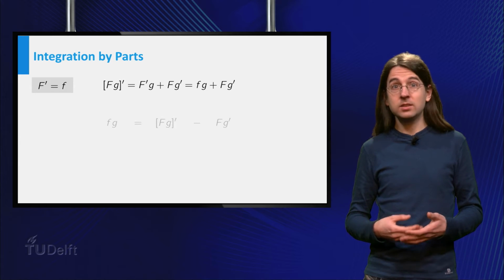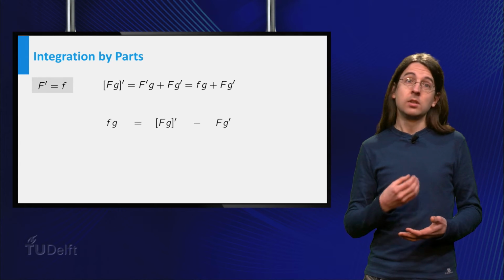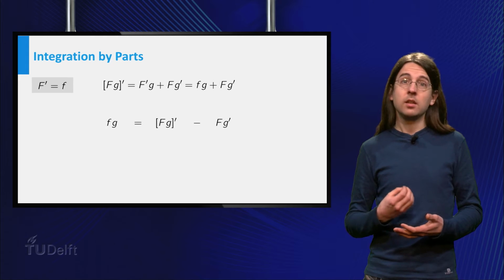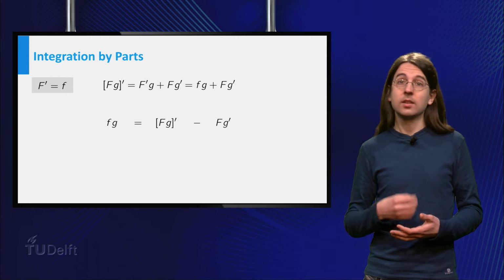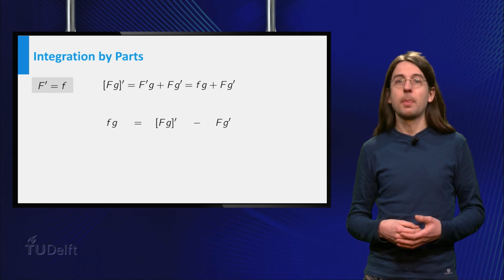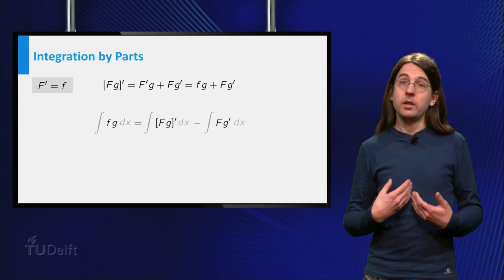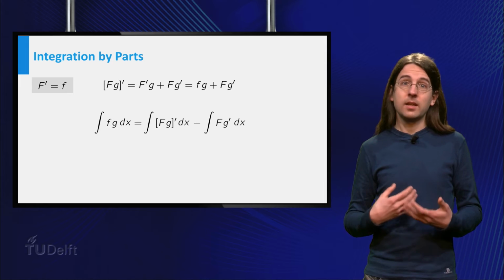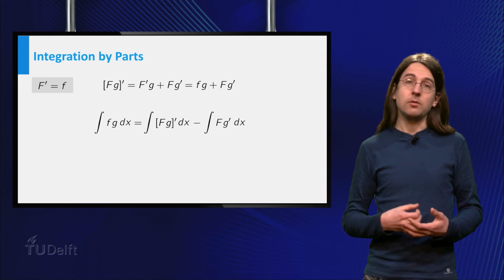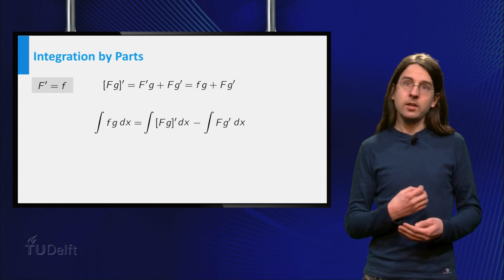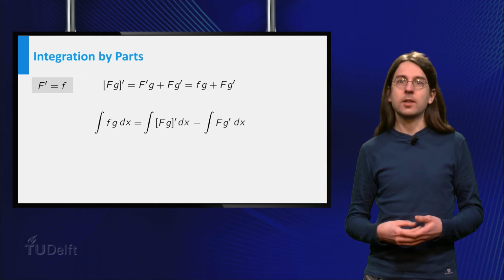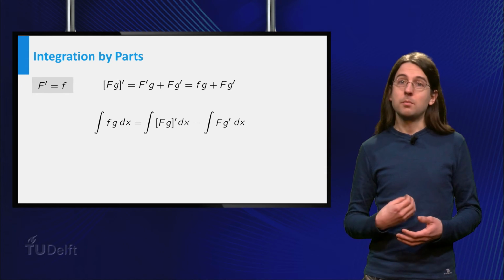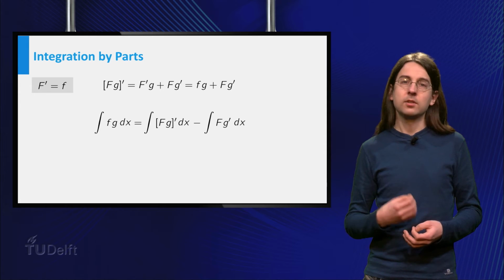We can rearrange this equation to little f times g equals the derivative of capital F times g minus capital F times g prime. Integrating both sides gives that the integral of little f times g equals the integral of the derivative of capital F times g minus the integral of capital F times g prime.